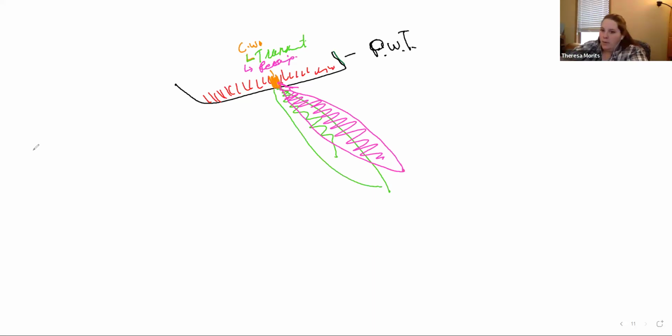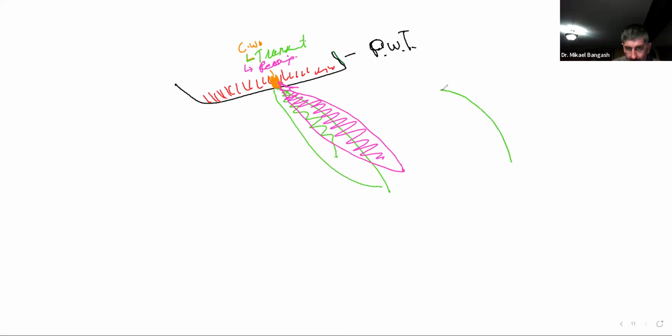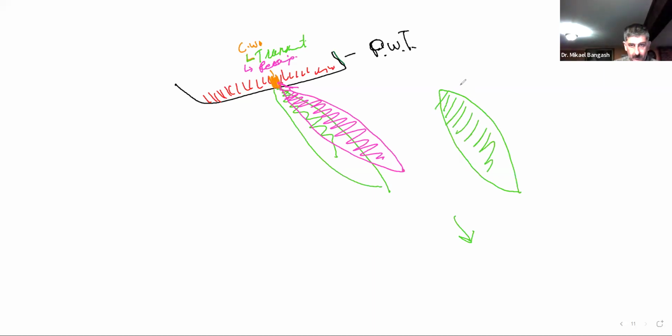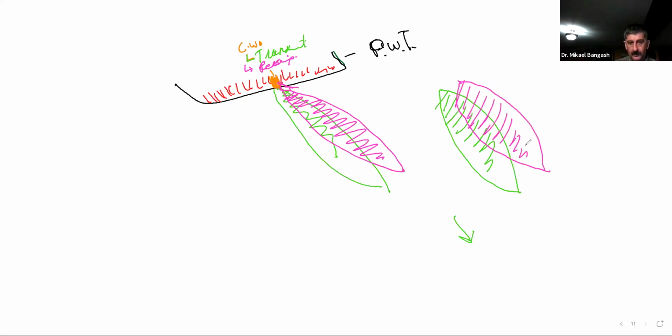So what is it that we see here? Let's say this is the transmitted wave, and this is going to be the reflected waves, that continuously transmit and continuously receive or reflect.